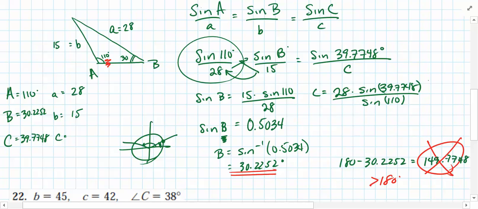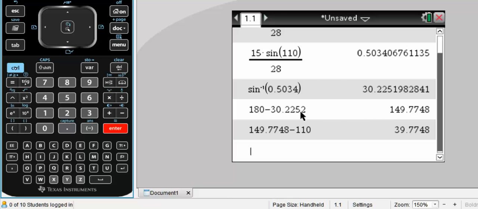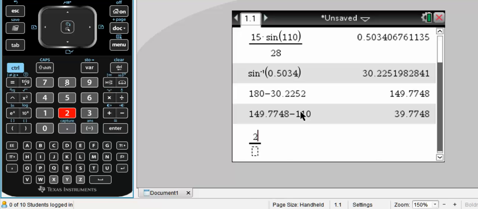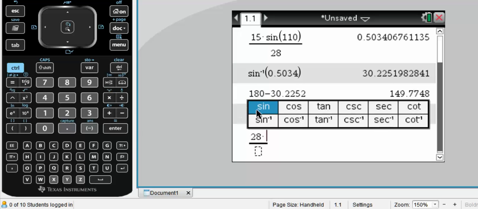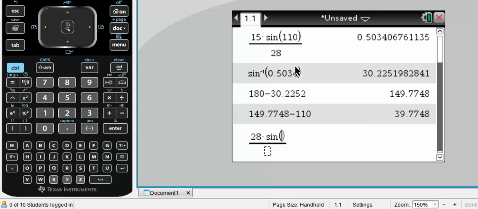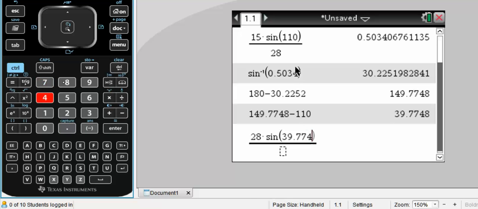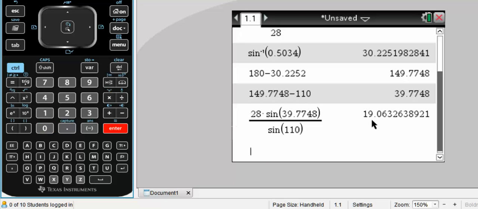So let's perform that calculation. 28 times sine of 39.7748 divided by sine of 110 degrees. And that tells me that third side length, side c, is 19.0633.